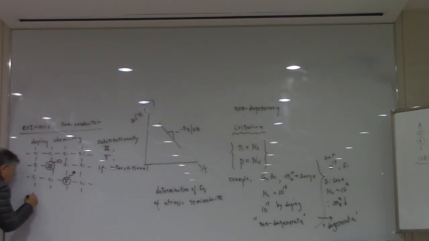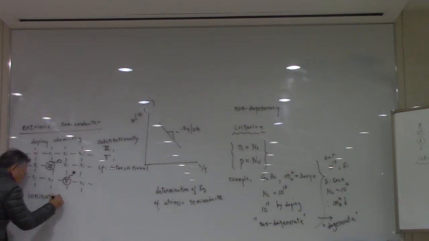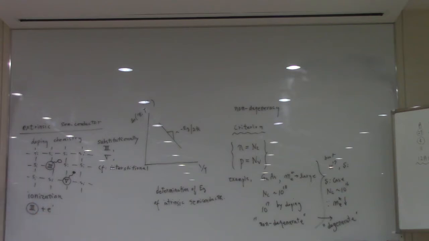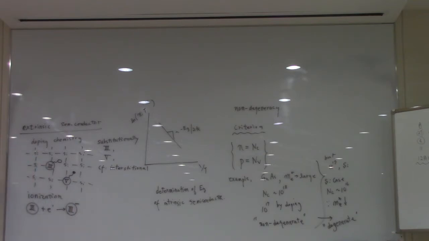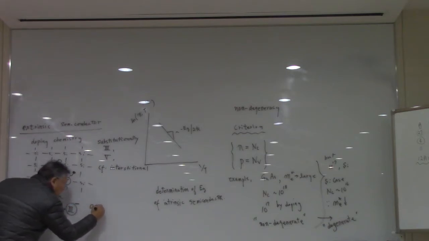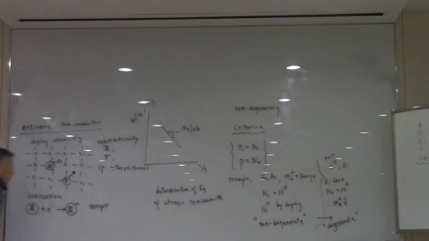Ionization means the group 3 atom is going to accept an electron so that the group 3 atom itself is negatively charged. That is the ionization of acceptors. We call this an acceptor. You accept the electrons.